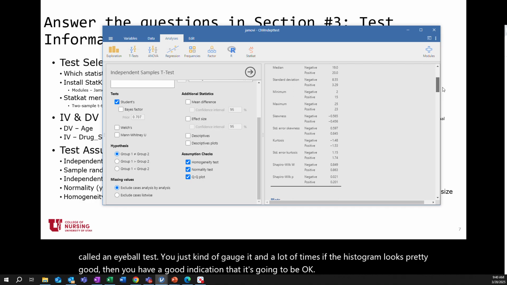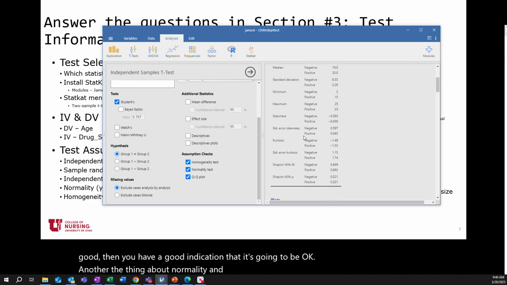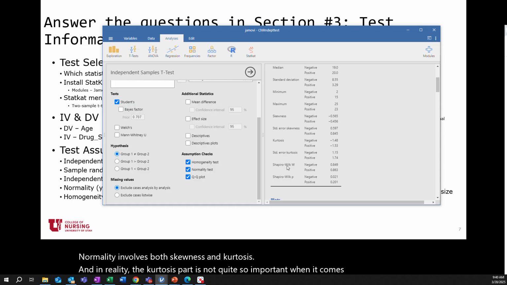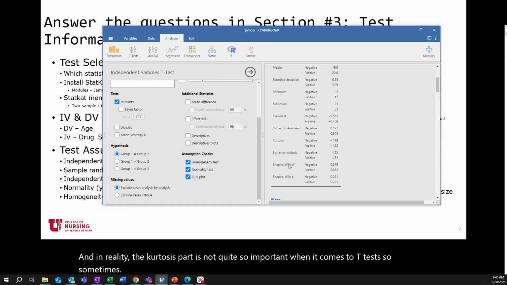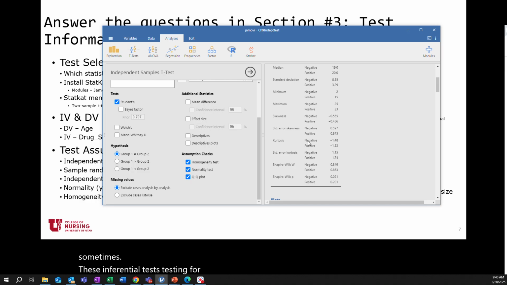The thing about normality and t-tests is normality involves both skewness and kurtosis. And in reality, the kurtosis part is not quite so important when it comes to t-tests. So sometimes these inferential tests, testing for normality, if data are kurtotic, these can be significant. And in reality, we aren't worried so much about the kurtosis.